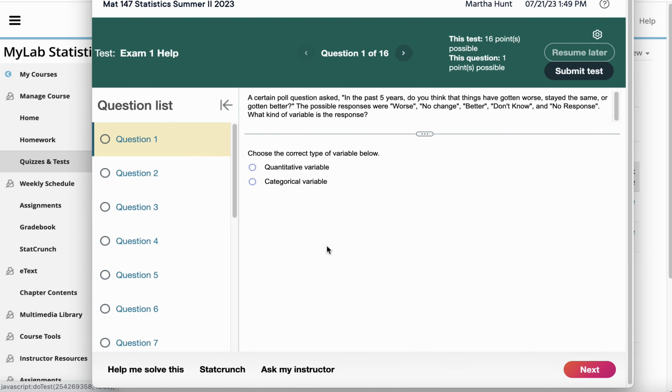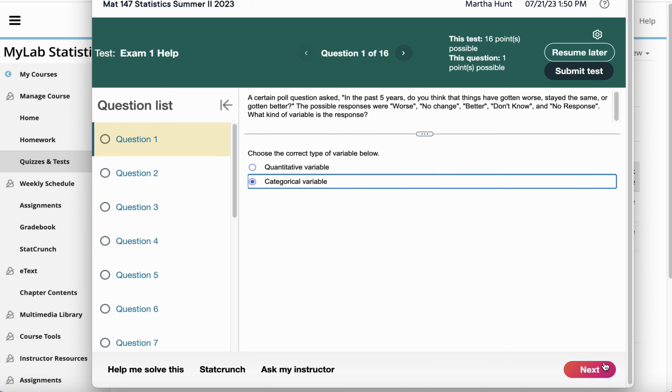Let's see, what about a questionnaire or poll that has the response options: worse, no change, better, don't know, no response. That would be a categorical variable.